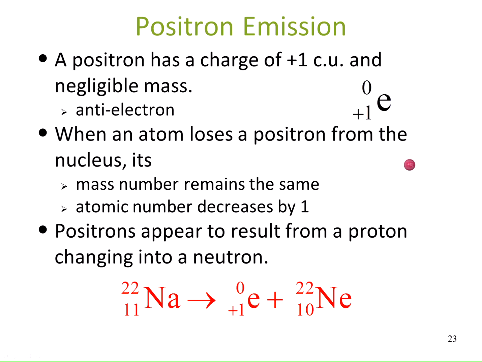So 22 and 22. But one of those protons becomes a neutron as we emit a positron. So we go from 11 protons to 10, and 10 protons corresponds to neon.